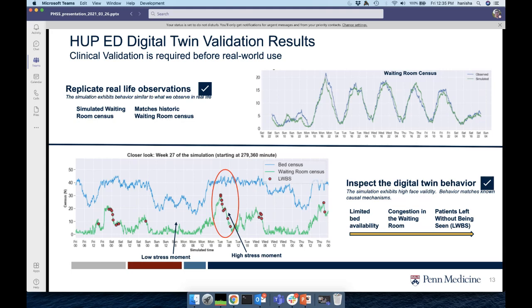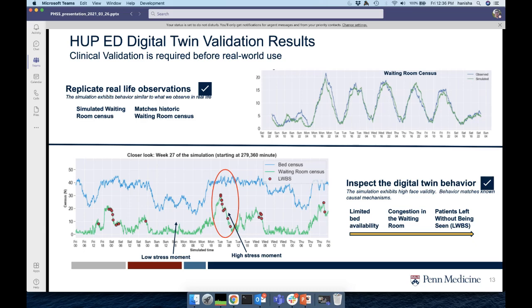Another form of validation, on the bottom, is that we're able to introspect the mechanisms of the ED in really fine detail. The blue line is the bed census at a given unit, and the green line is the waiting room census. We're able to see that as the waiting room census builds up, we then create left without being seen events. Those left without being seen events are really tied to that waiting room census, as they should be.